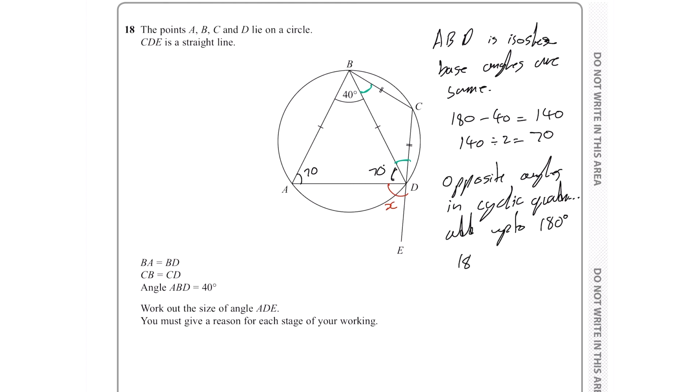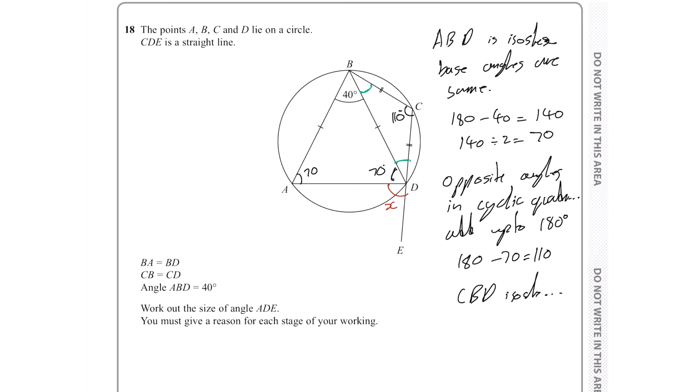So that means 180 minus 70 is equal to 110. So now I know what this is. This is 110. And again, for the next one, C, B, D, it's an isosceles triangle.